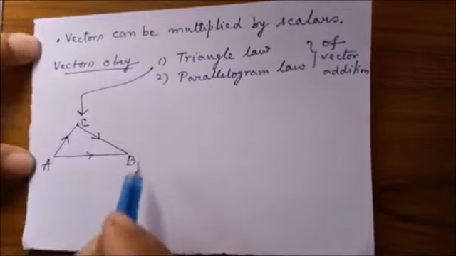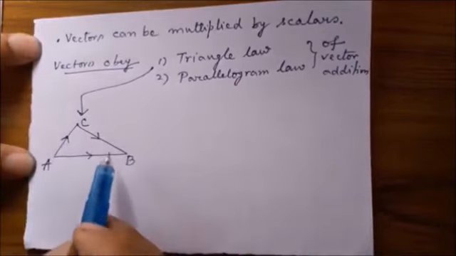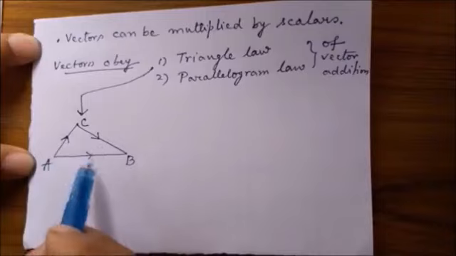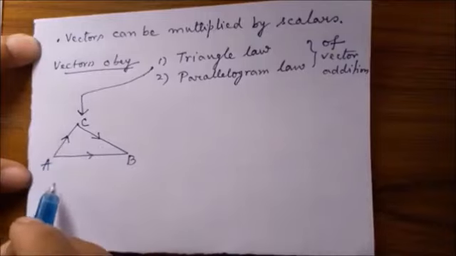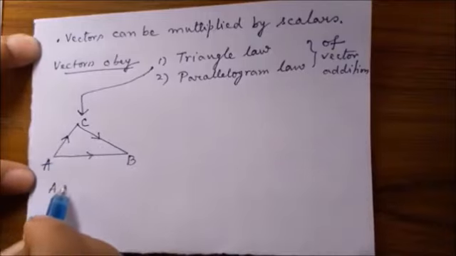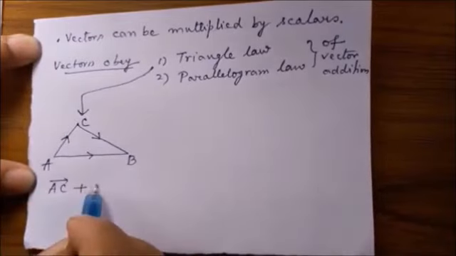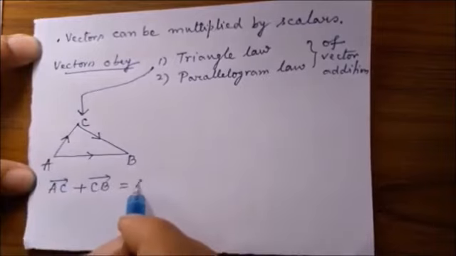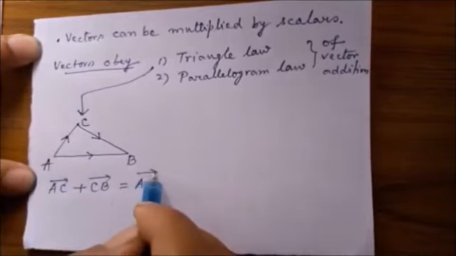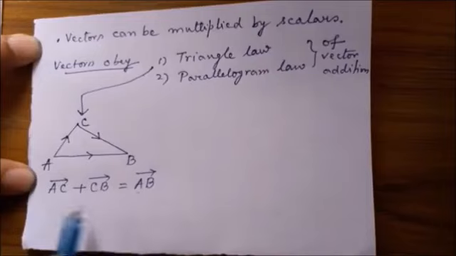And if we construct vectors in this way, then the following relation exists: AC vector plus CB vector is equal to AB vector. So this is called triangle law of vector addition.